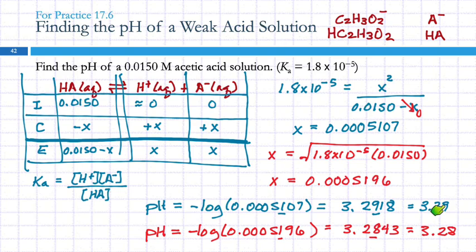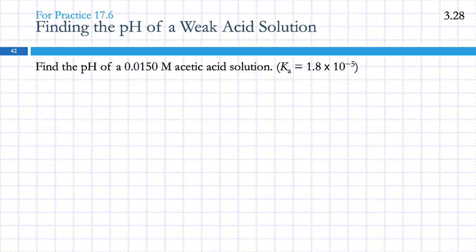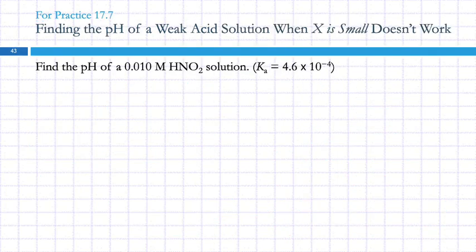So we have a difference of 1 in the uncertain digit. Is that a problem? No. Any questions? 0.28. Okay, so this one is telling us that X is small doesn't work.